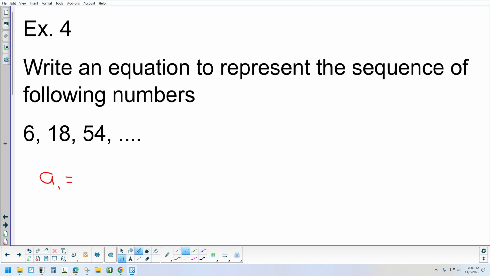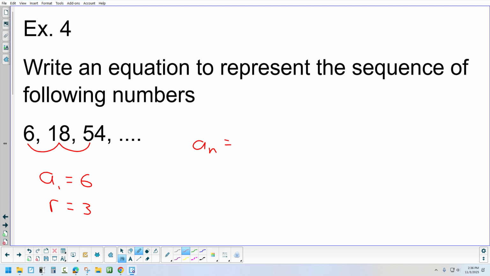Which is which letter? R. And what did you say we multiply by to get from one to the next? 3. And what's my first term? 6.